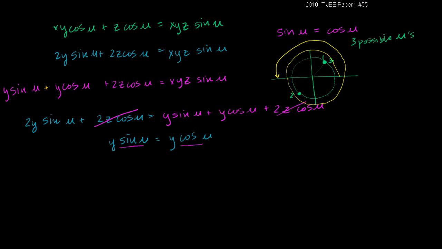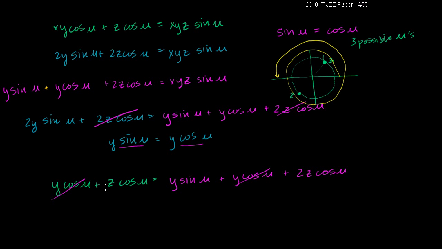So we could write y cosine of u plus z cosine of u is equal to this whole thing over here, is equal to y sine of u plus y cosine of u plus 2z cosine of u. And then we have a y cosine of u on both sides. Those will cancel out.